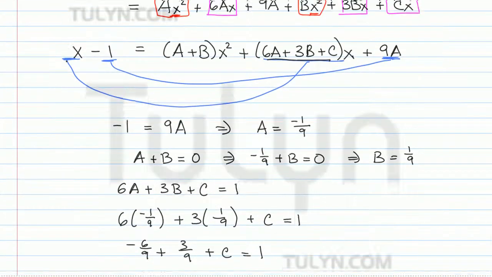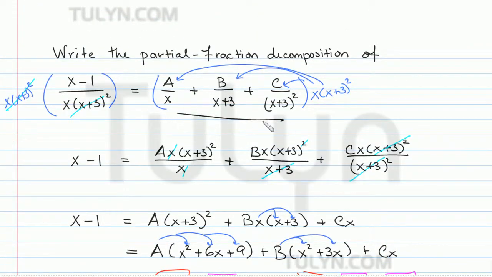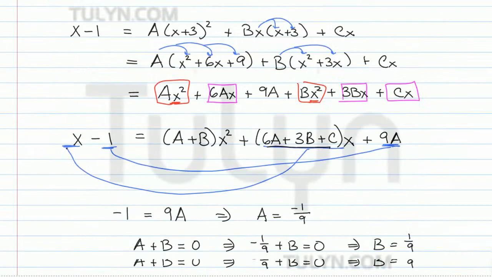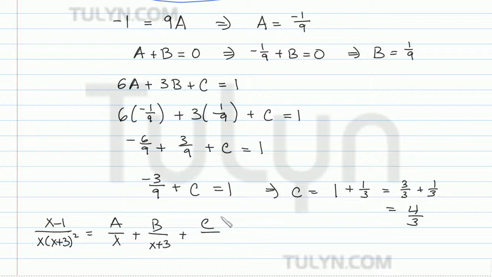So then going back up here, we wanted our partial fraction decomposition to look like this. So our result at the end is going to be x minus 1 over x times x plus 3 squared is equal to A over x plus B over x plus 3 plus C over x plus 3 squared.